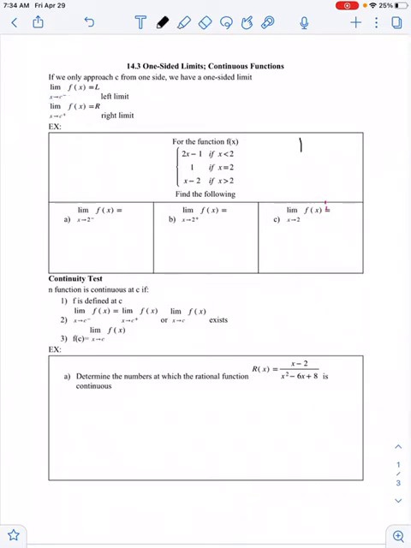So with this piecewise function, we're going to do like we did before and start by graphing it. Okay, so the first piece I want to do is that all of the change happens at x equals 2.